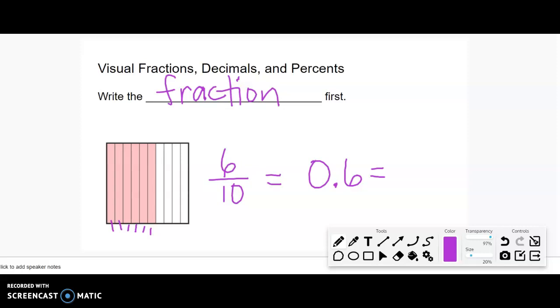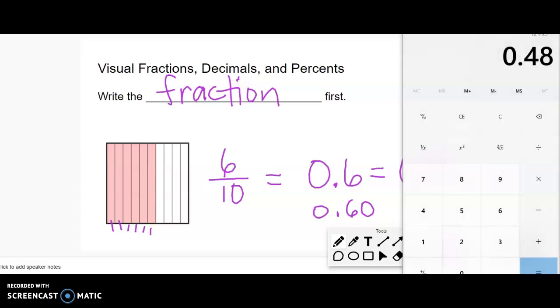Although this gets tricky because think 6% is like parts per 100, and it's not 6 parts per 100. So I have to think about, okay, how many hundredths do I have here? Well, if I have 6/10, that's going to be 60 hundredths, that is what matches my percent.